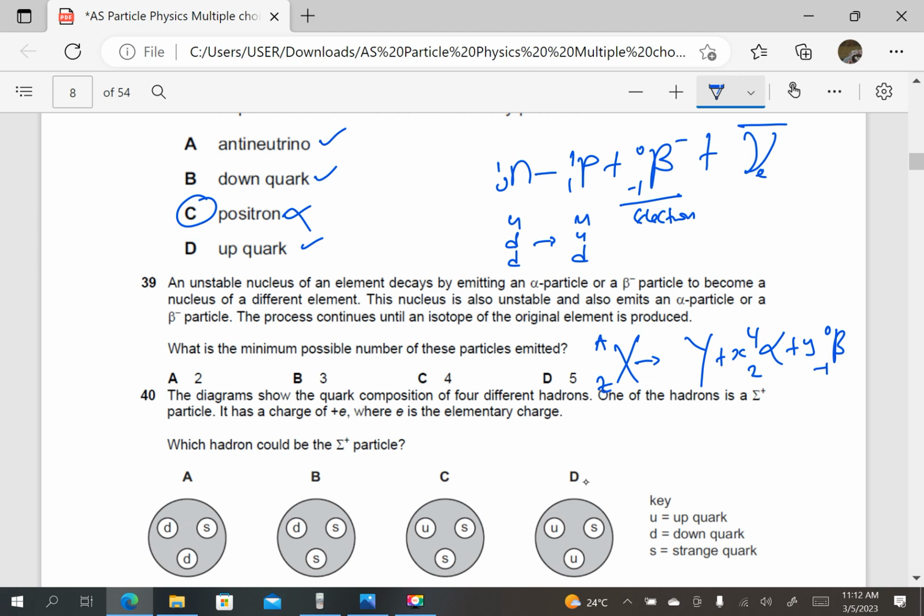Note that it is the alpha particles which are going to determine the nucleon number, because the beta particles will not change the nucleon number.